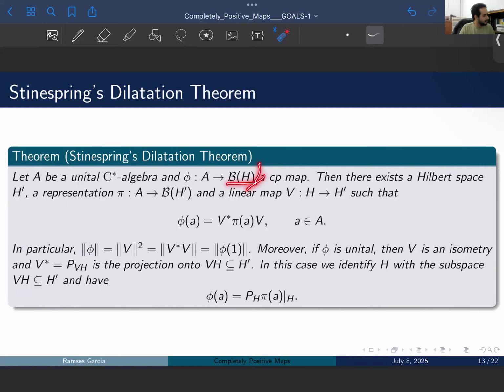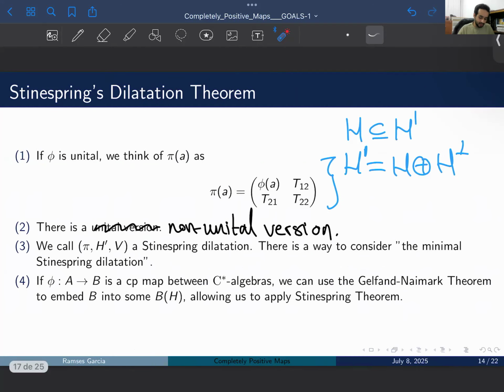So at first sight, it seems that we can only apply this theorem in very specific cases, but we know that every C*-algebra can be embedded in some B of H. And if we have a completely positive map between A and B, we can use the Gelfand-Naimark theorem to represent B into some B of H, and then we can use the Stinespring dilatation theorem.